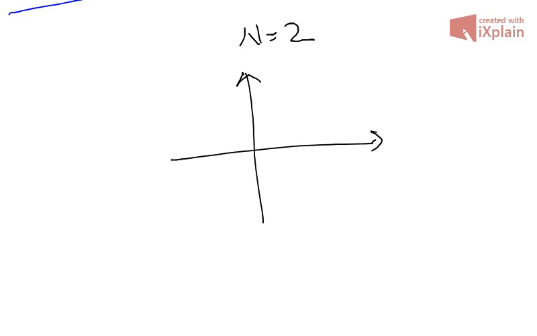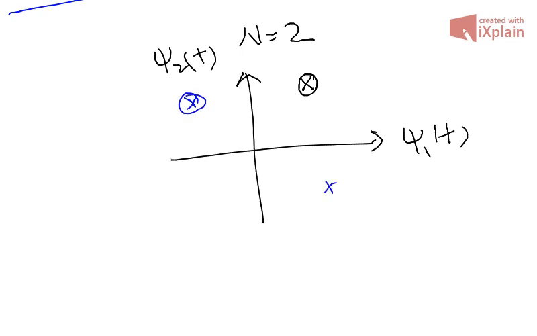So if n is 2, we have a two-dimensional Euclidean space with psi 1 of t and psi 2 of t, and your signal Sm of t would be a point in this space. It's somewhere here, somewhere here.